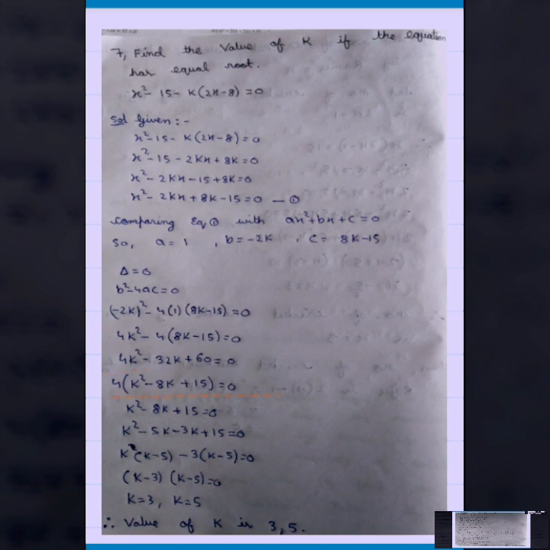If we take 4 as common, we get k square minus 8k plus 15 equal to 0, because if we send 4 towards the right side, it becomes 0. Then we get the equation k square minus 8k plus 15 equal to 0.